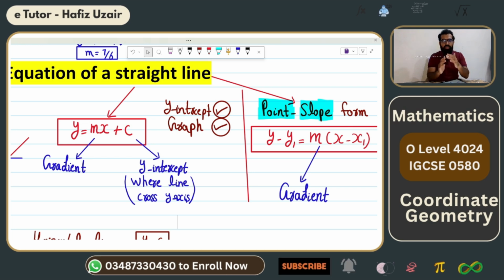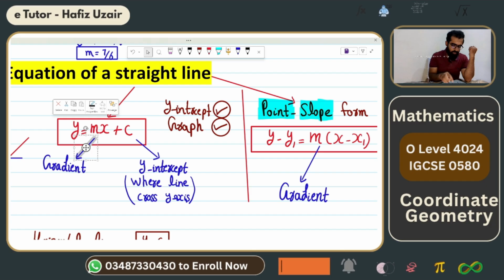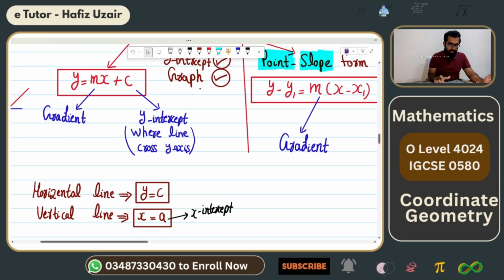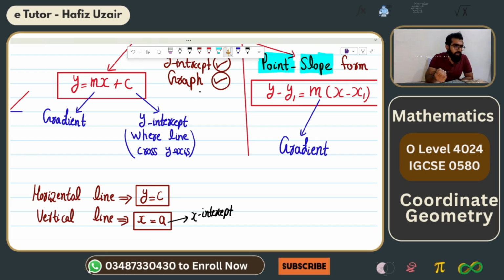Now, as I told you in the section on gradient, you have a horizontal line, a vertical line, or a sloping line. For the case of a sloping line, you will use y equals mx plus c, or y minus y1 equals m times (x minus x1). But for the horizontal line, we have a shortcut that you must remember, because this is very, very important. As I told you, the gradient of a horizontal line is 0.